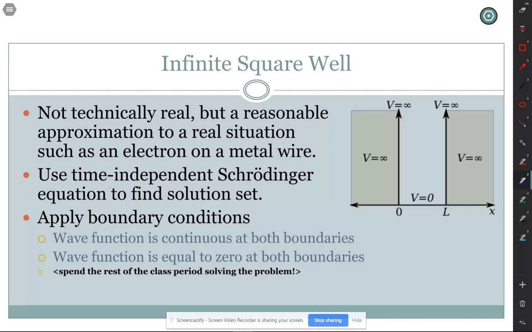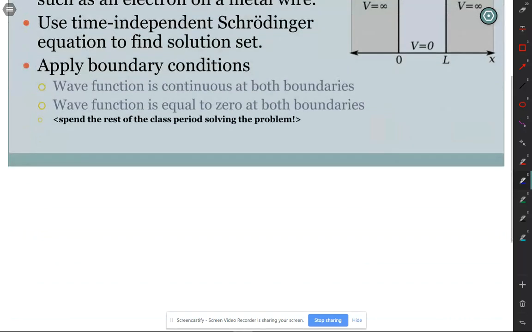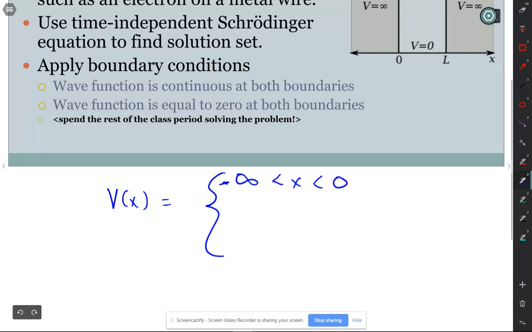So in this case, our potential energy function is written in 3 pieces. Minus infinity is less than x is less than 0. I'm just using less than, not less than or equal. Some people will be technical on these things.